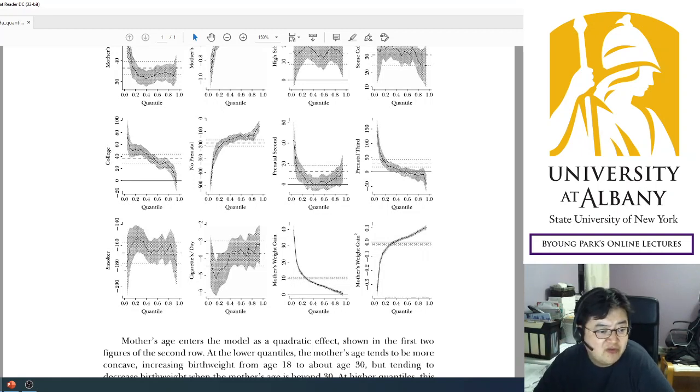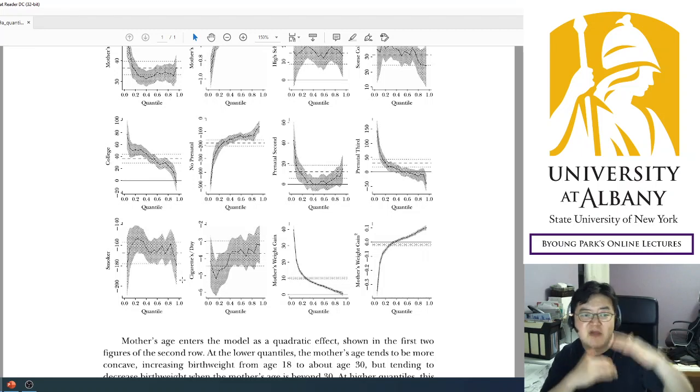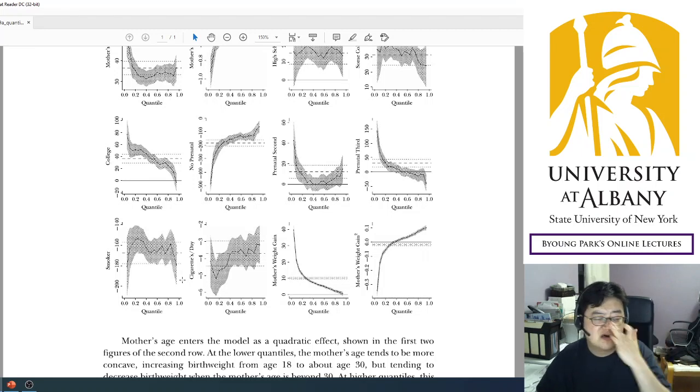However, if you look at the low quantile, the bottom five, it goes down to about minus 180. The gray area is the confidence interval, but we are not going to interpret the confidence interval here. Just look at the point.